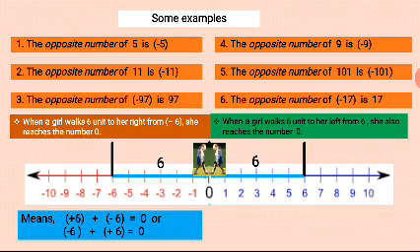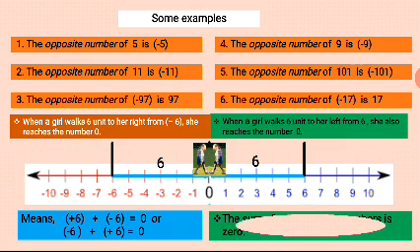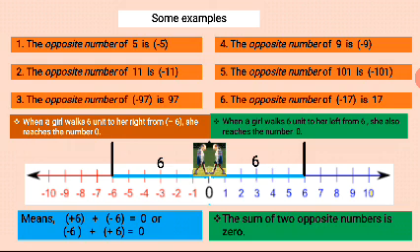We learn here that the sum of two opposite numbers is 0. Got it?